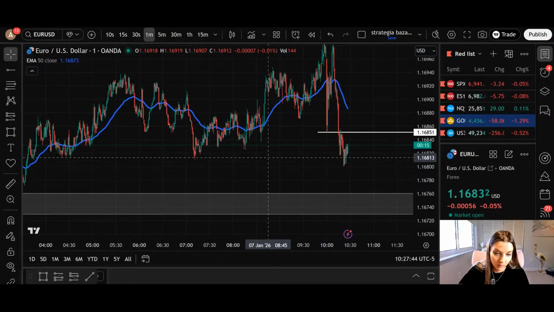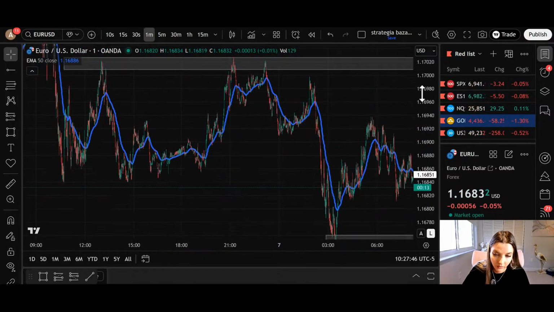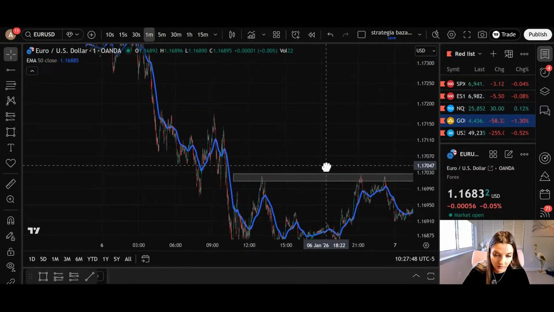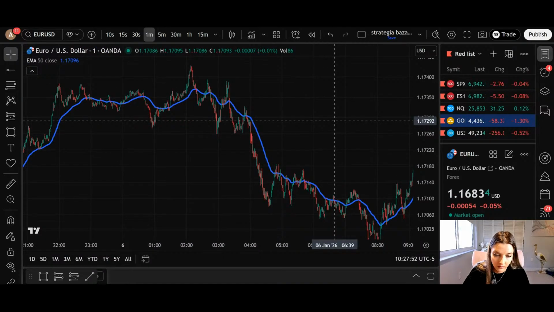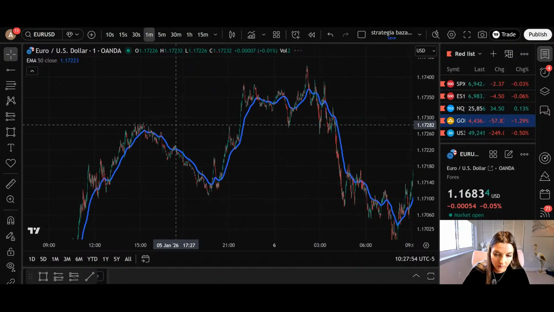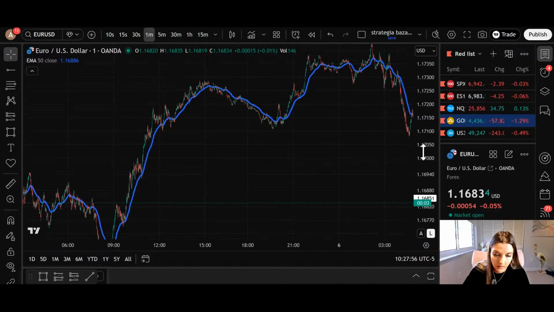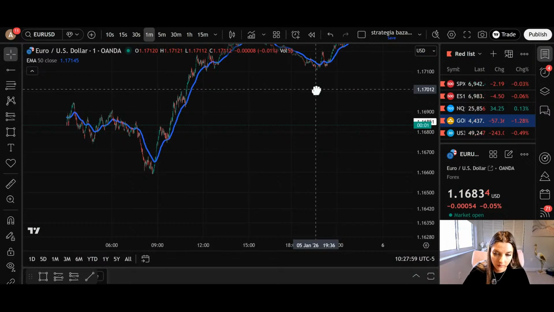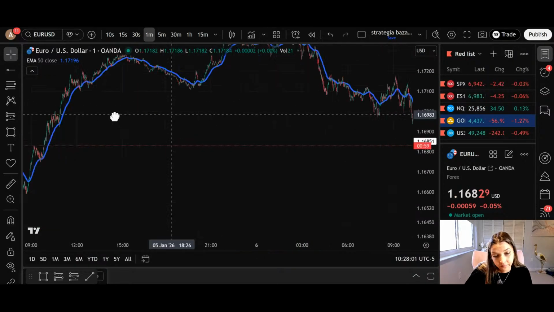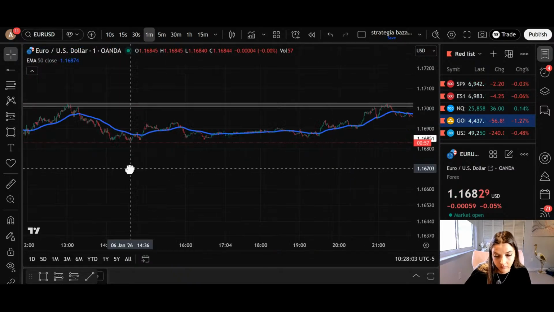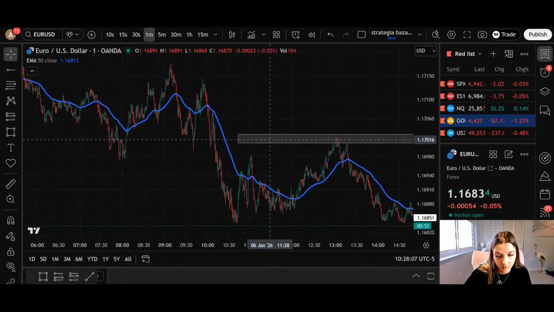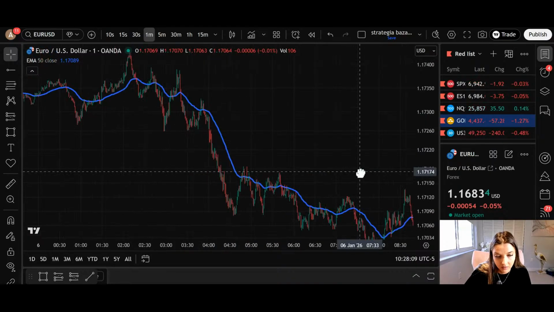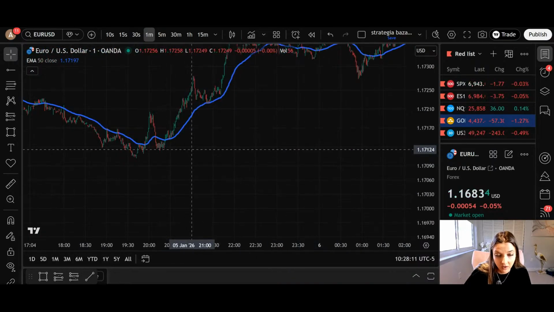Interesting. I'm just looking at how Euro USD moves. I don't think the EMA on the euro works as well, unless it's in a real trend.